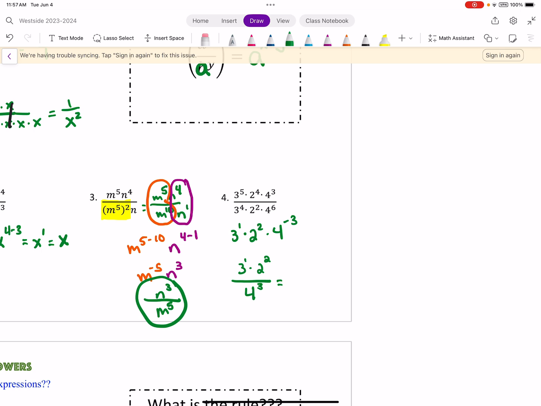So 3 to the 1st is a 3, 2 squared is a 4, and then 4 to the 3rd, if you use your calculator, that would be a 64. Well, 3 times 4 is 12. So I would get 12 over 64. I am then able to go ahead and reduce that. I could divide those by 4, so I would get 3 over 16 would be my final answer.